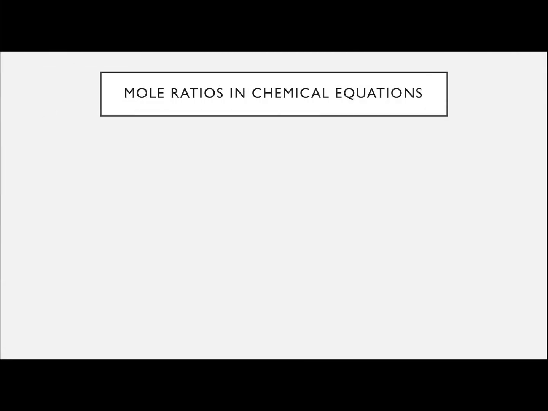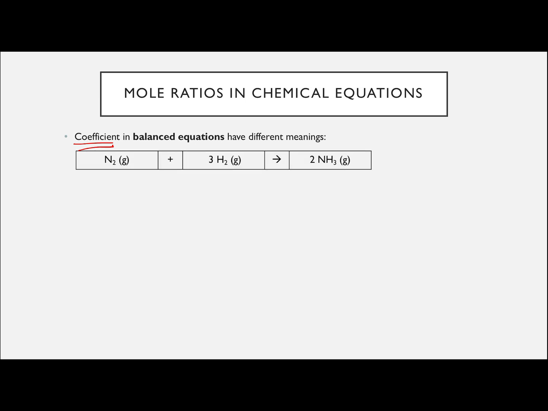So let's use a real example. All right. So coefficients in balanced equations have many different meanings. They're very important. This is why we balance equations. So if we're given this same example, nitrogen gas plus hydrogen gas gives us ammonia gas, pay attention to those coefficients. They can mean that we have 1 molecule of nitrogen reacting with 3 molecules of hydrogen to give us 2 molecules of ammonia.